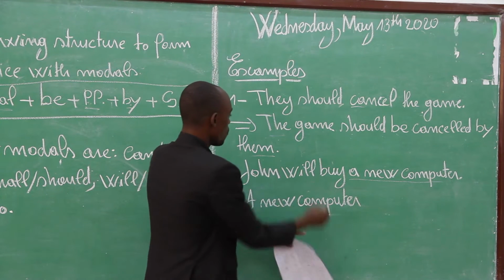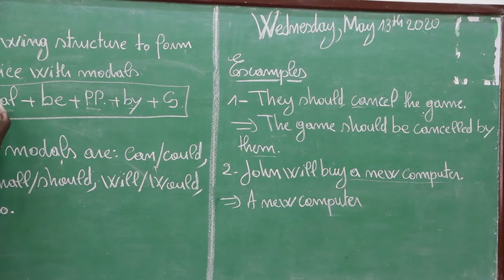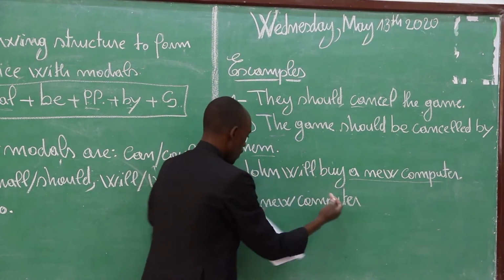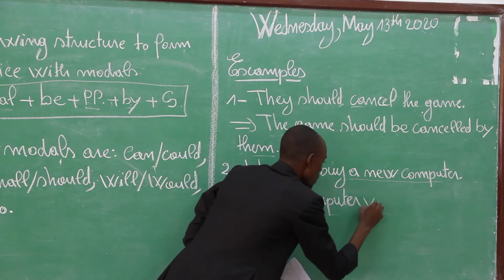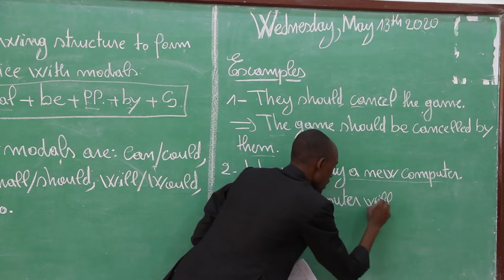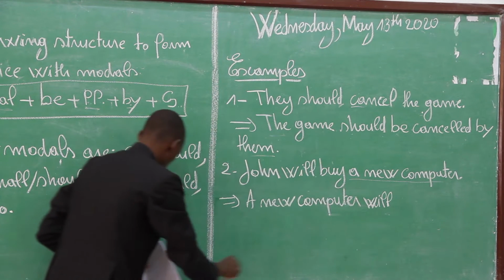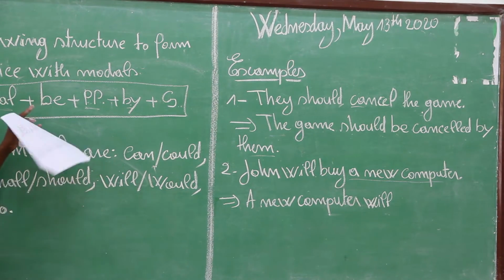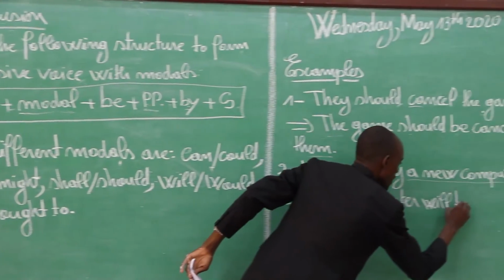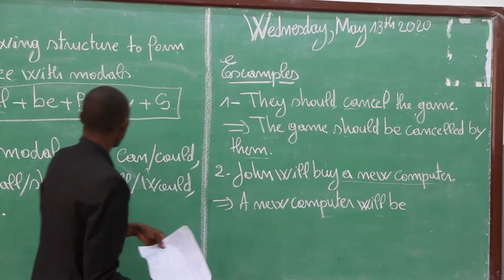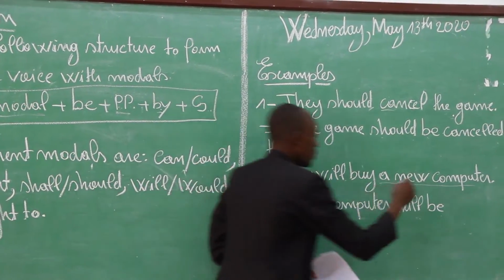After the object, we take the modal verb, as the structure says. The object comes here, and we have the modal: will. After the modal, we use be, and after be we take the past participle of the verb: buy, bought.